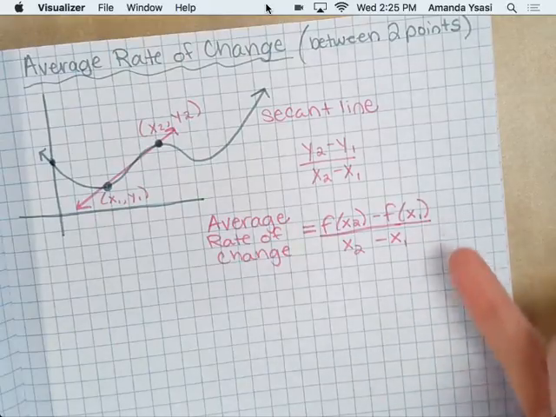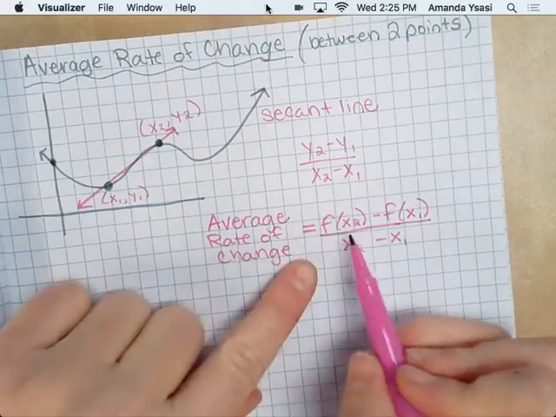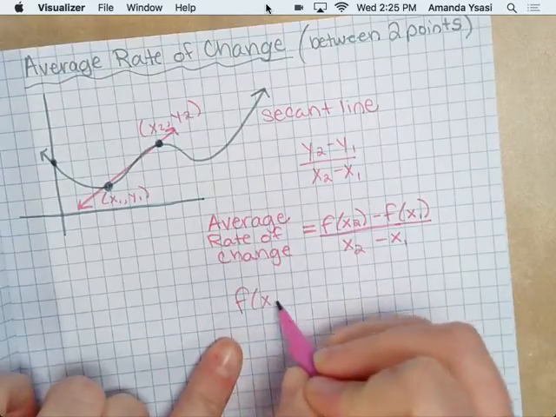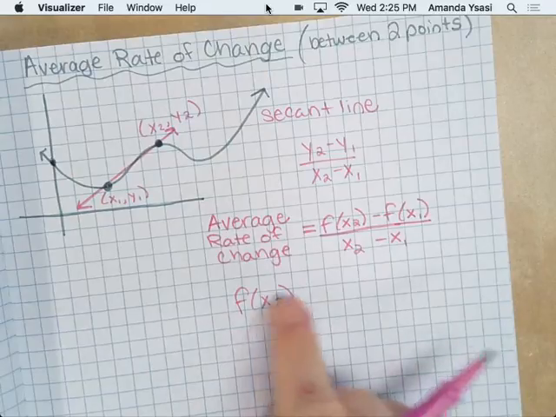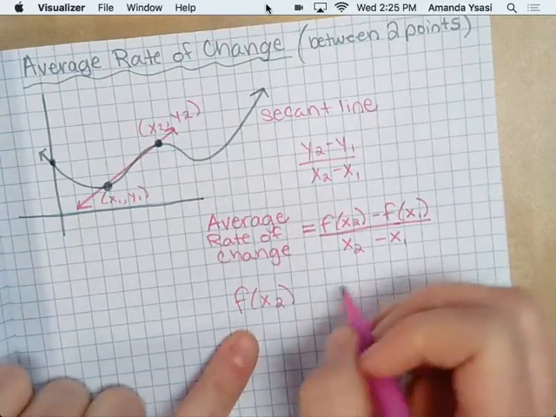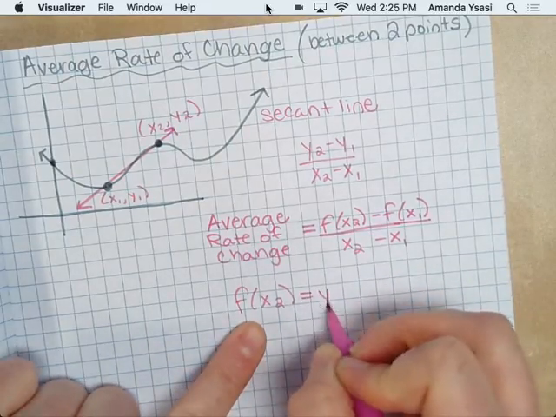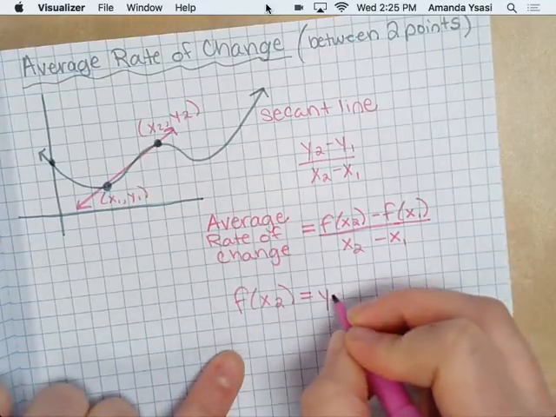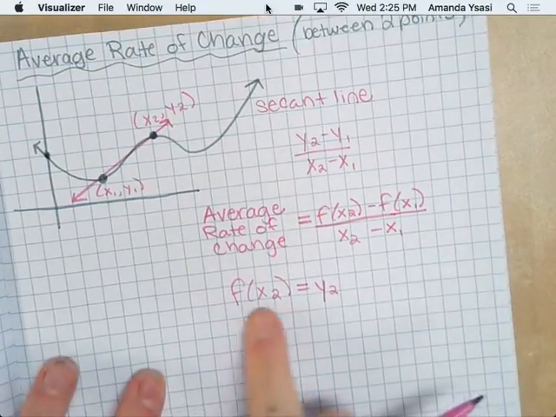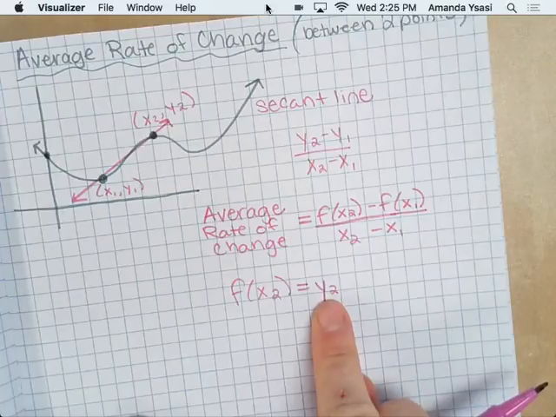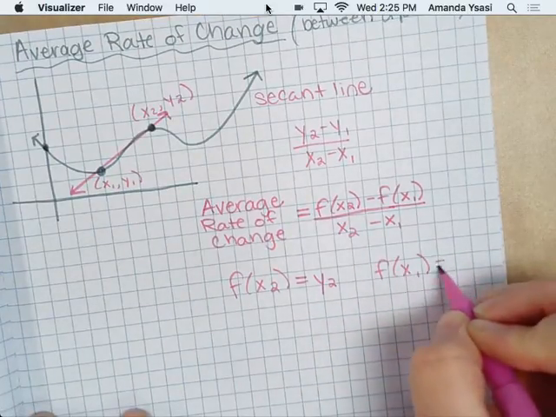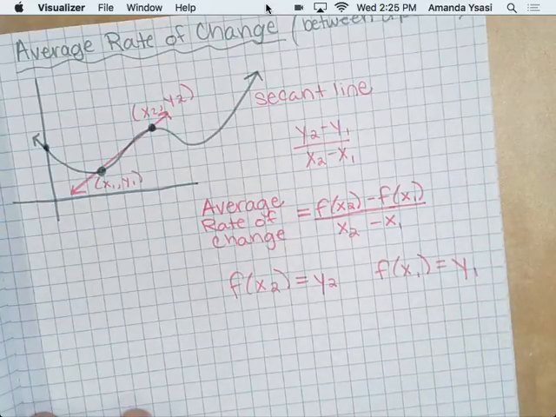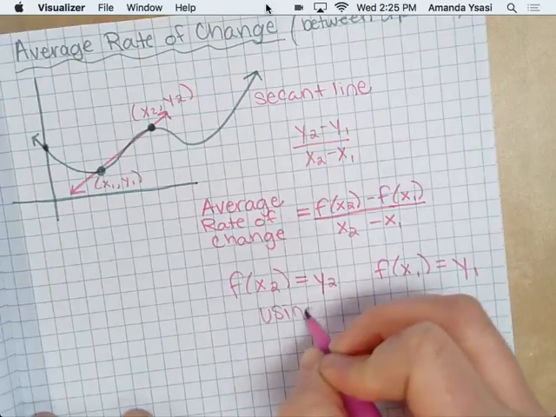You're going to see it like this, but just remember that f of x2 is whenever you substitute x2 into the function. And this is actually what y2 is. They are the same thing. They'll represent the same number. Same thing with f of x1 is y1. It's using substitution.